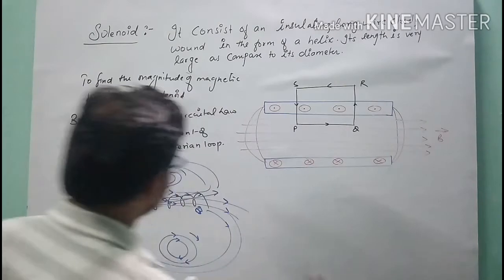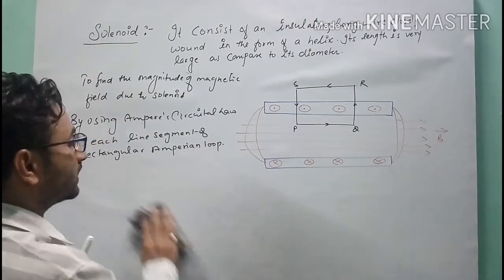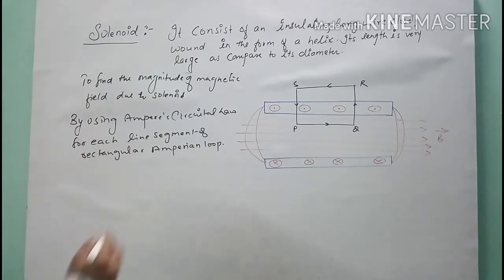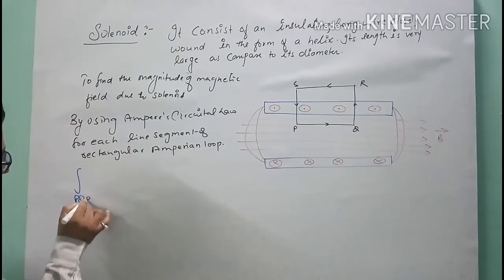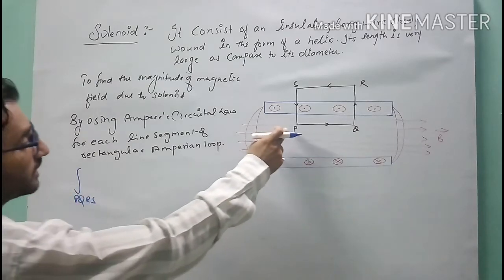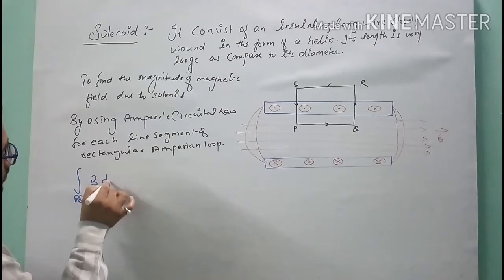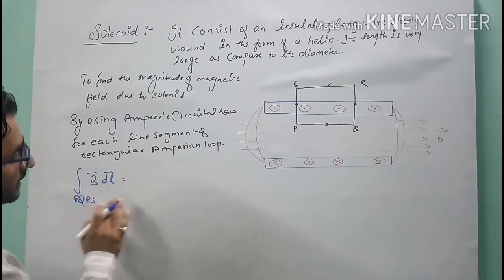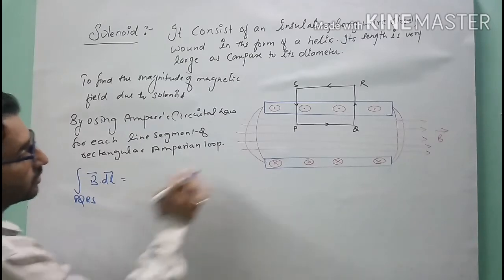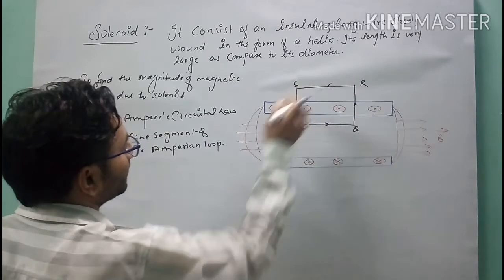Here we will calculate the magnetic field strength due to this solenoid. So let's start here. By using Ampere's circuital law, we can calculate the magnetic field for PQRS. We can calculate the closed line integral of B dot dl for this whole Amperian loop PQRS. It will split into four linear elements.